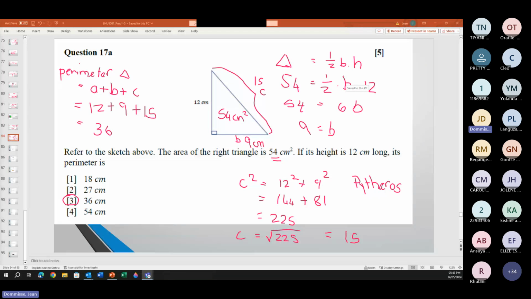Okay, so first area, then Pythagoras to work out the perimeter.